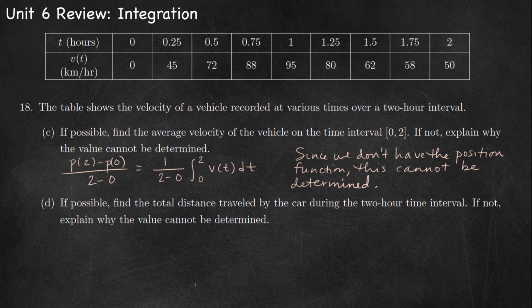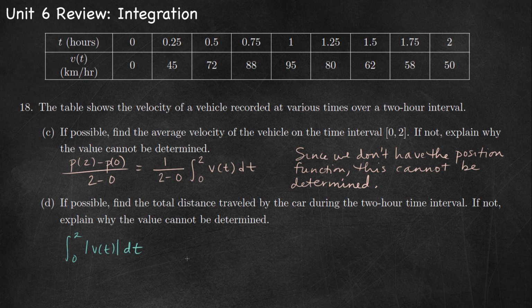Okay, part D, if possible, find the total distance traveled by the car during the 2-hour time interval. If not, explain why the value cannot be determined. So for total distance on this interval, we would want to integrate from 0 to 2 the absolute value of our velocity. Now we can see in our table, I guess we're making some assumptions here, but it appears as though the velocity is always positive except at time 0.